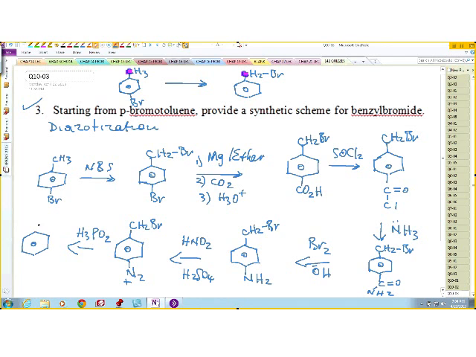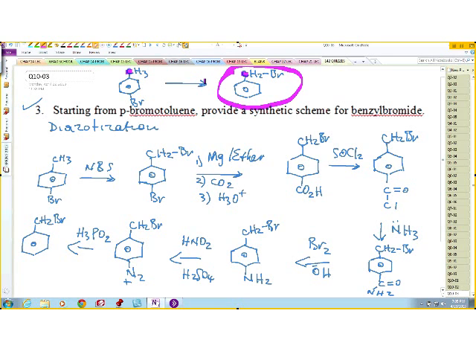You see, the diazonium ion here is a very important reagent or reaction in organic chemistry. Okay, and so now we form our product. But without you knowing those individual reactions, this will not be possible.